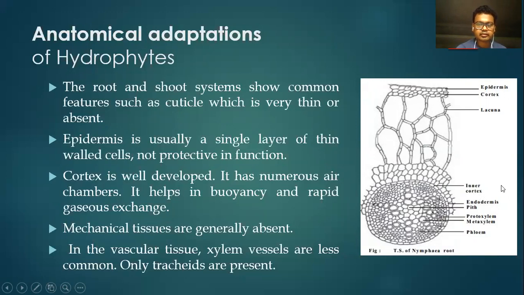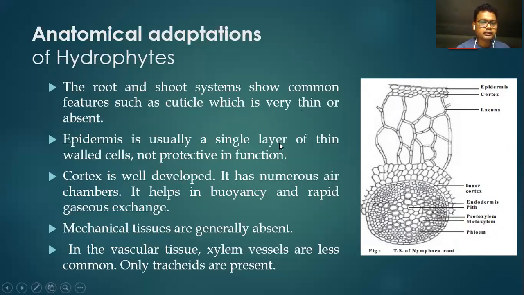Next are the inner cortex, endodermis, pith, protoxylem, metaxylem, and phloem. We know that the xylem which forms earlier is known as protoxylem, and after simultaneous changes it forms the metaxylem, the xylem which forms in the later condition.